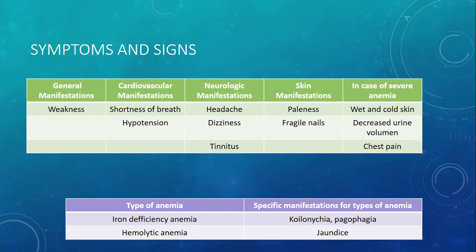The yellowish skin and sclera. So in Spanish would be ictericia, right? Okay, jaundice means ictericia. So when we have hemolytic anemia, we also have all these clinical manifestations, and we also might have jaundice. Okay, piece of cake, right?